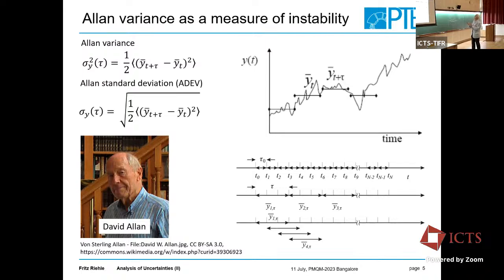You take the difference of these two adjacent intervals, square it, take one half, and this is called the Allan variance. And of course, the Allan standard deviation is the square root of this. That was invented by David Allan, at that time at the National Institute of Standards and Technology in the US.